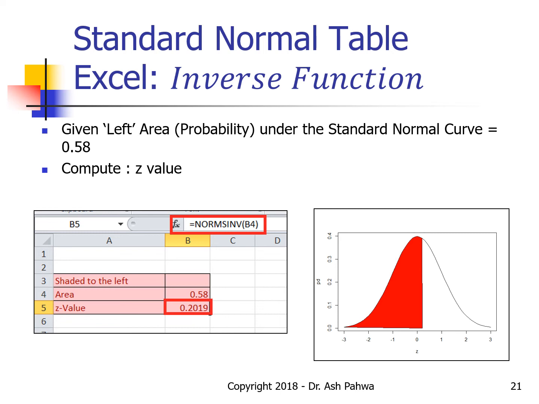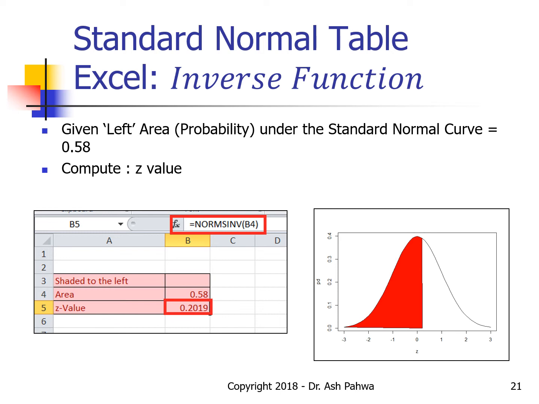As you may recall, when our z value is 0.21, the area was approximately 0.58. Now if we feed 0.58 in the normal inverse function, of course we are going to get the z value as before, which would be 0.2019. So we can easily convert z value to the area and area to the z value.